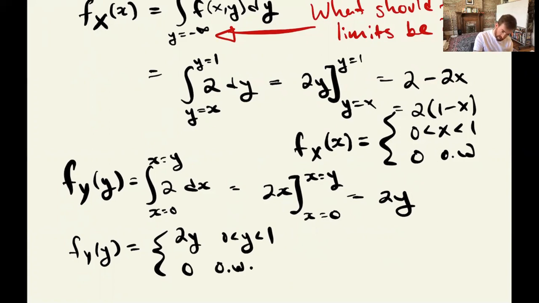So if I were to just draw these graphs real quick, well, at x equals 0, it's 2. Let me back up a little bit here. And 0 otherwise, so this is f of x.